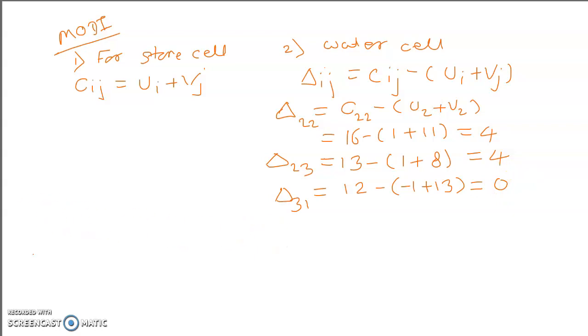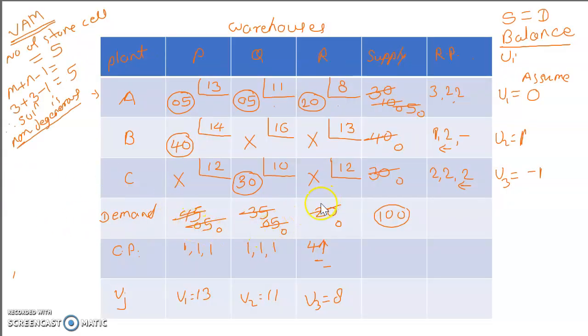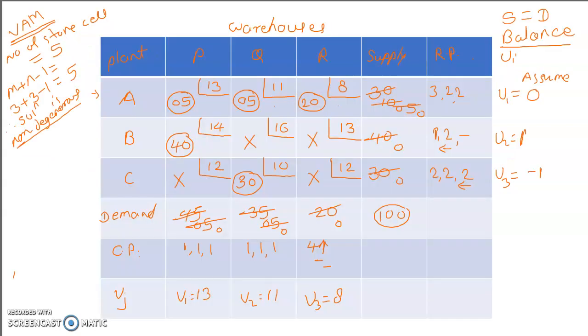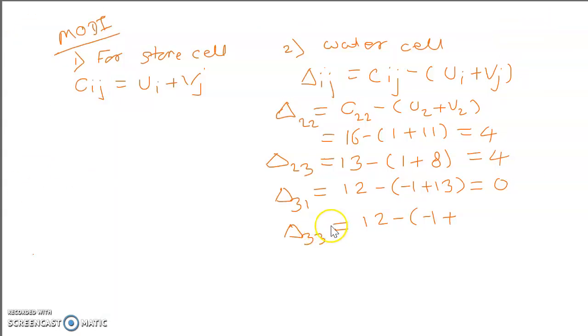Then proceed to the next water cell, that is 3,3. Delta 3,3 is equal to 12 minus (minus 1 plus 8), that is 7. So 12 minus 7 is 5.